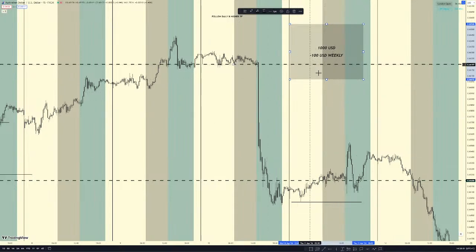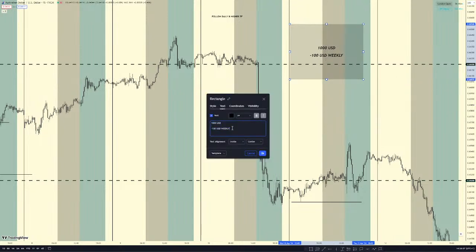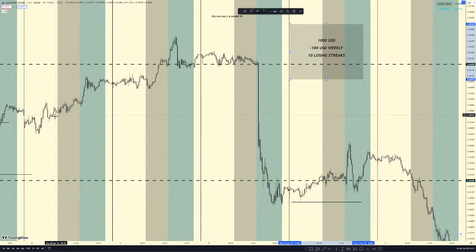Now, if I'm going to experience 10 losing streaks, it means that every time I lose in a session, I am losing a certain amount out of my 100 USD.